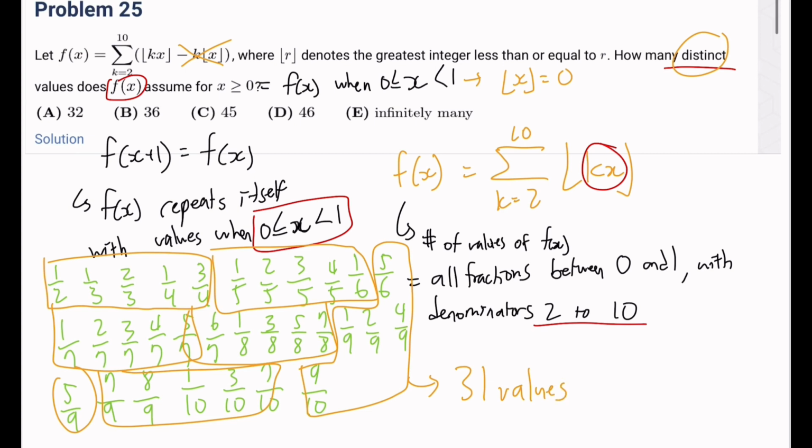But then 31 is not the answer, because we have to add one more, and that's when x equals 0. When x is 0, there is a 0 value of f(x), which is a new number, right? And so 31 plus 1 is equal to 32. So the answer is 32.